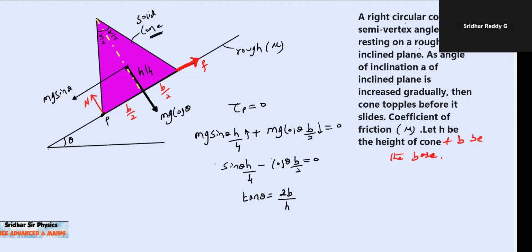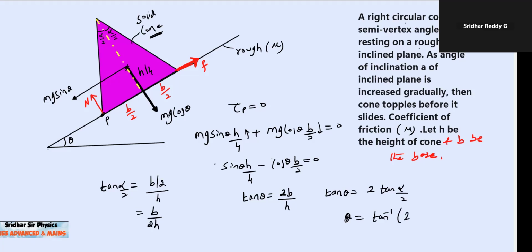Okay, what is alpha? Tan alpha by 2 should be equal to b by 2h. In place of b by h, what can we write? Tan theta, b by h will be 2 tan alpha by 2. So theta equals tan inverse of 2 tan alpha by 2.